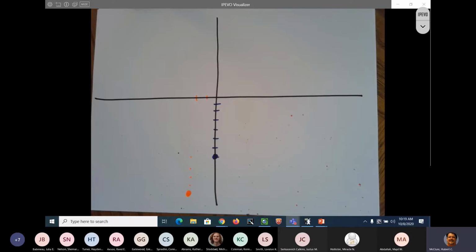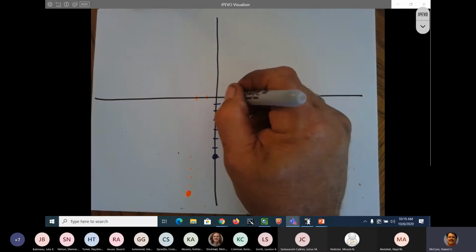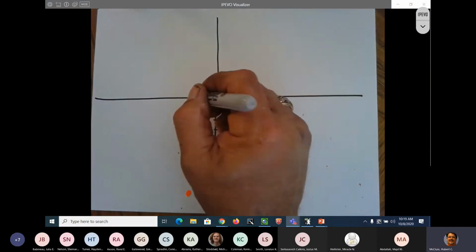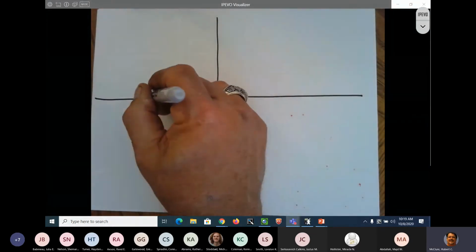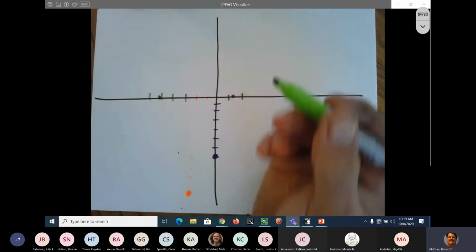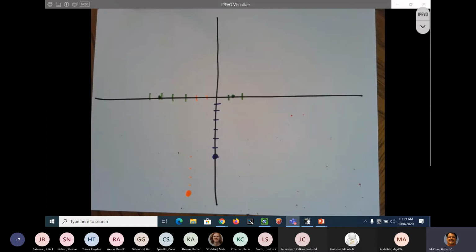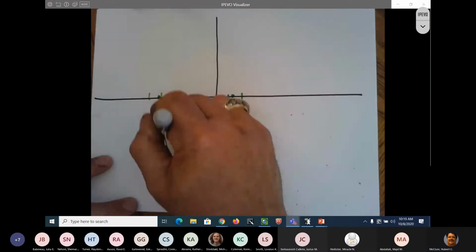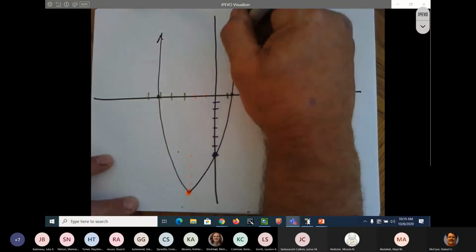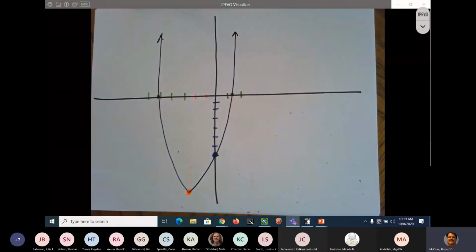And our green x-intercepts are 1.3 and 3, 4, 5, 6, 5.3. And what should all those points do if you've done everything correctly? They should line up. Look at that, ain't that pretty?